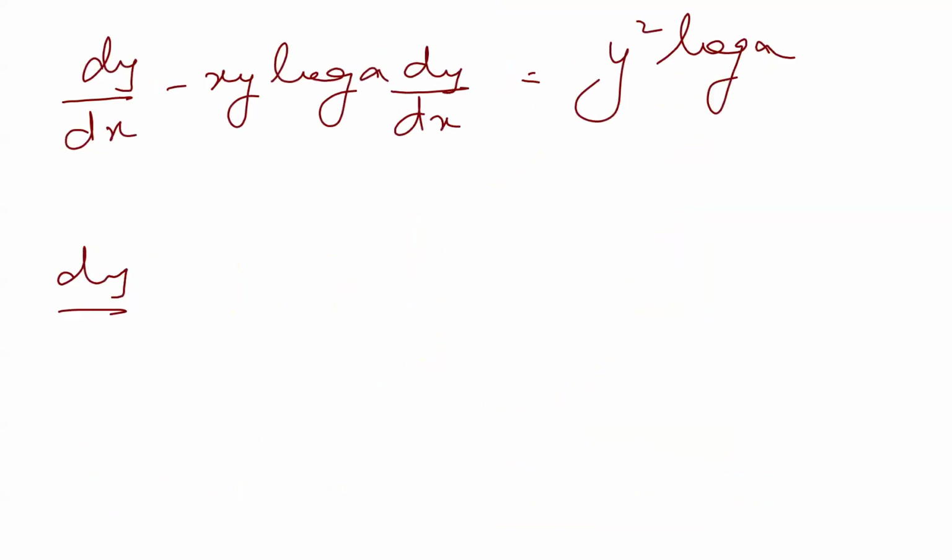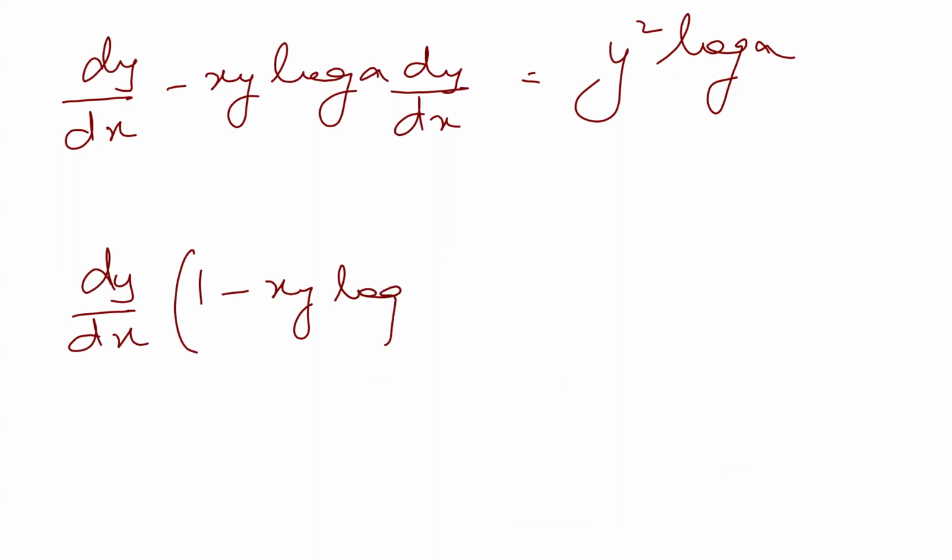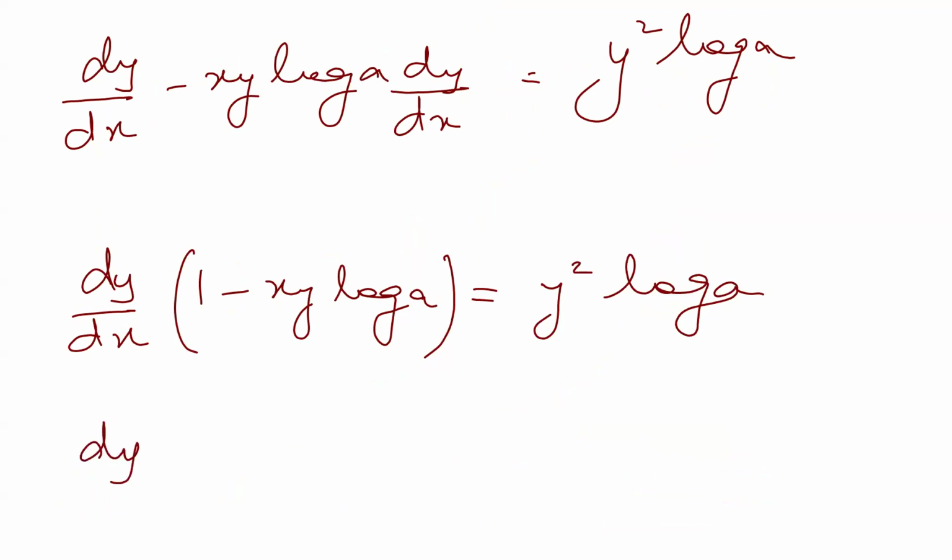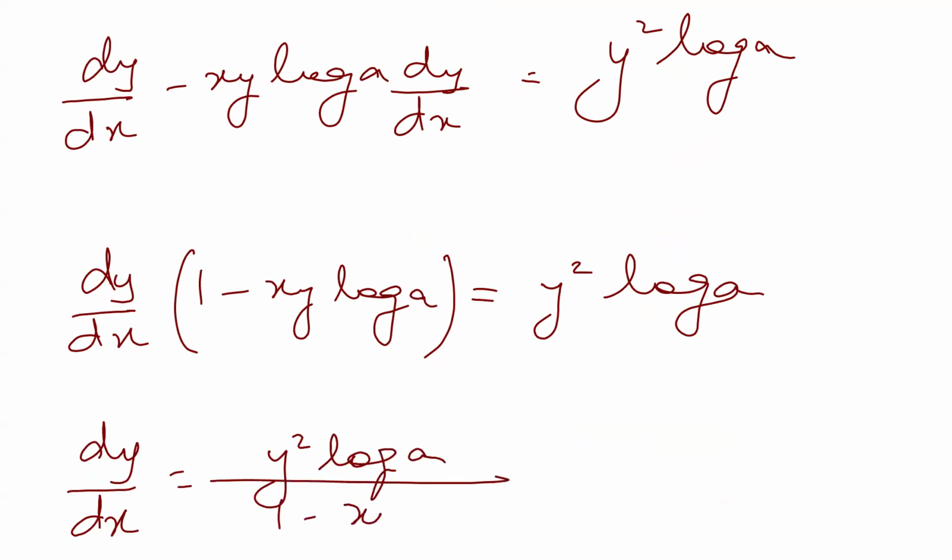Take dy by dx common. 1 minus xy log a is equal to y square log a, and dy by dx is y square log a upon 1 minus xy log a. This is your final answer.